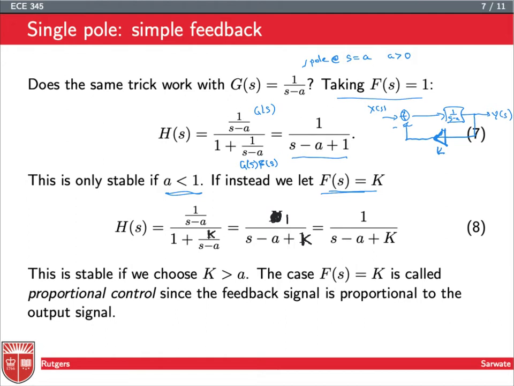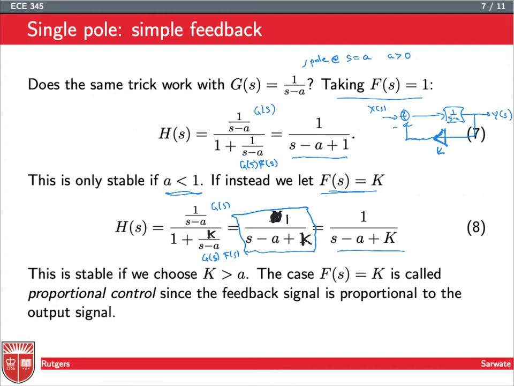H(s) is equal to 1 over s minus a, that's again our G(s), over 1 plus G(s) times F(s), and then we multiply top and bottom by s minus a, and we get 1 over s minus a plus K, right? So this is stable now if we choose K greater than a. So again, now we don't have a condition on a, we have a condition on our feedback gain K.